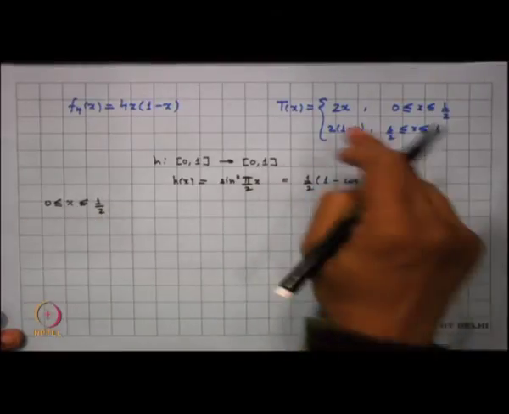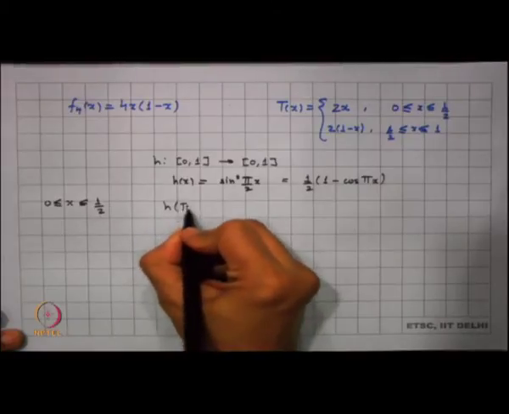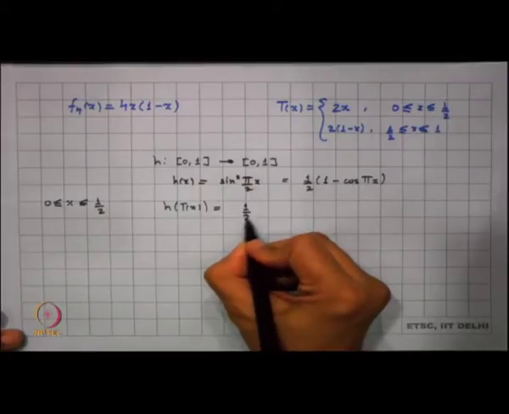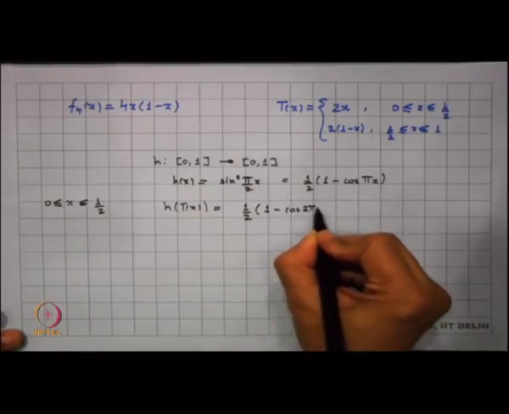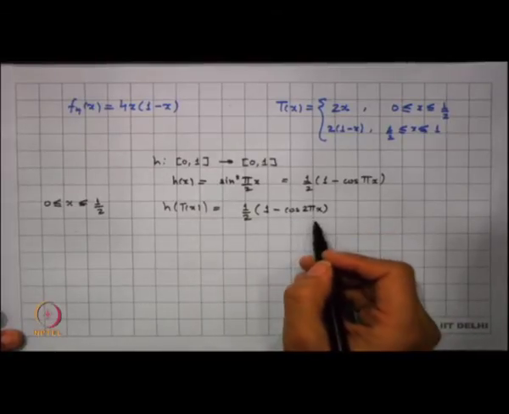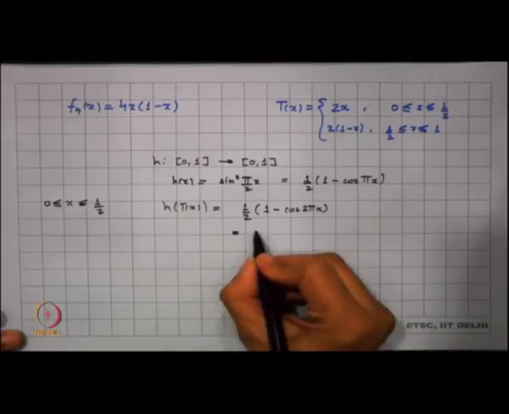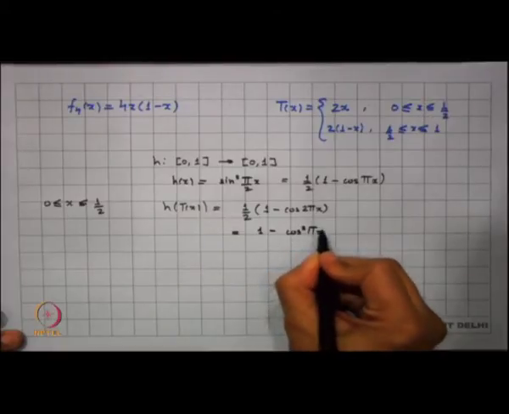Now my T here happens to be equal to 2x. So if I look into my h of Tx, it is nothing but half of 1 minus cos of 2 pi x. Now 1 minus cos of 2 pi x over 2, I can write as 1 minus cos square pi x.